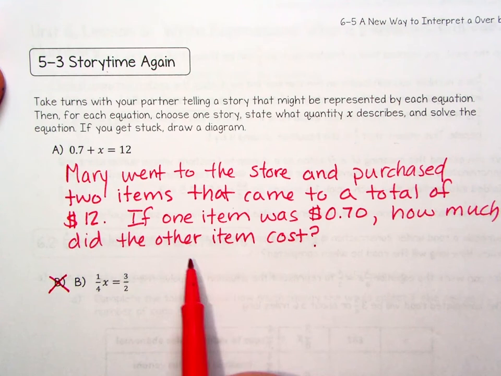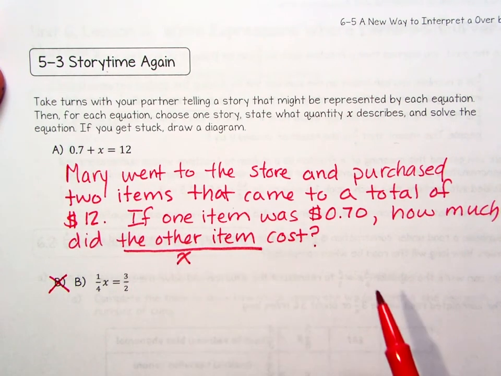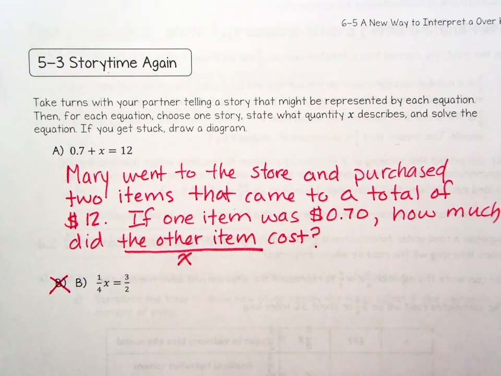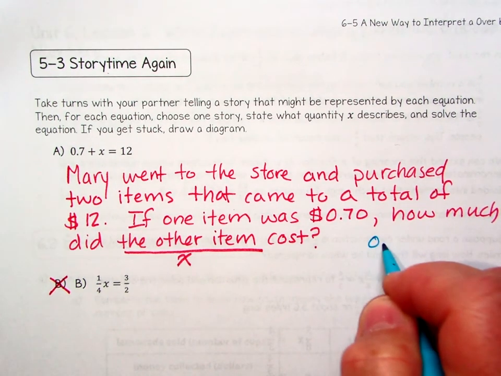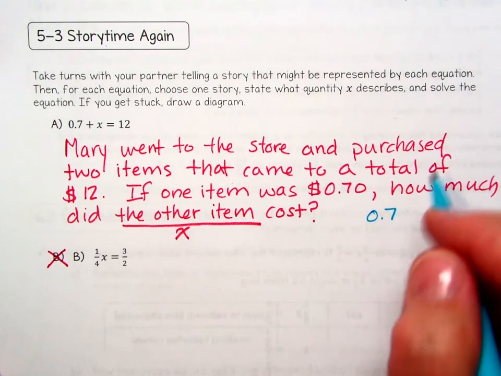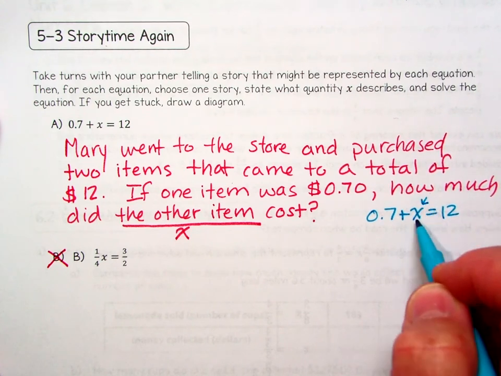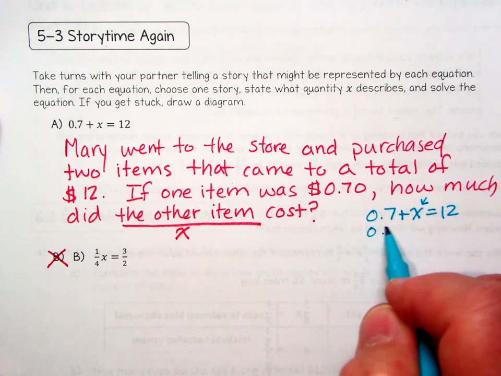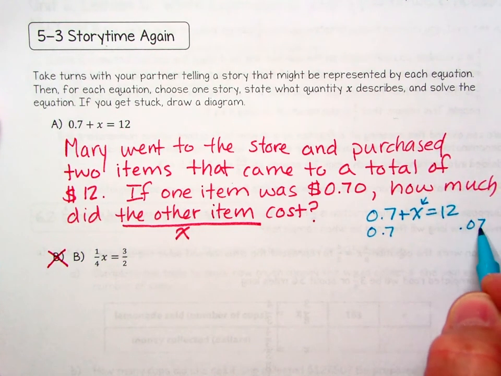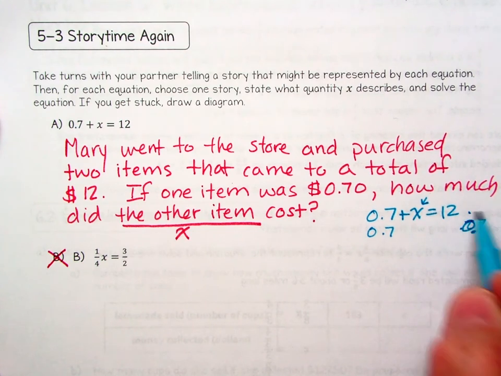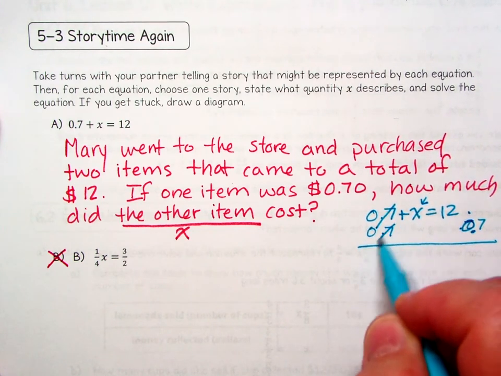Okay, so the other item is represented by X in the problem. And then I'm supposed to solve it. So if I have 0.7 plus X equals 12, and I want to get 1X by itself, I'm going to subtract 0.7 from both sides. 0.7 minus 0.7 is 0.